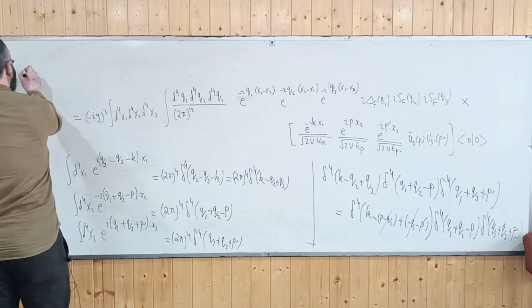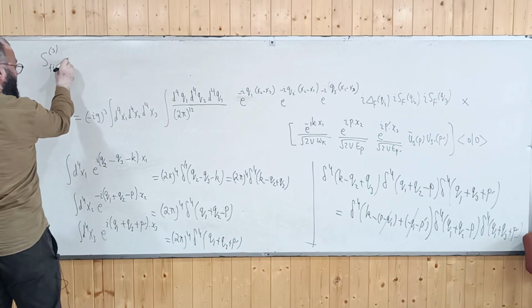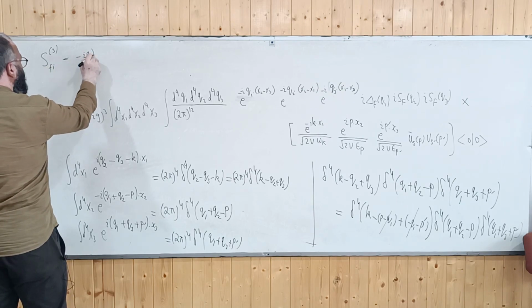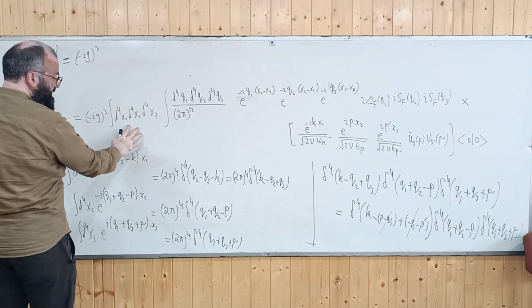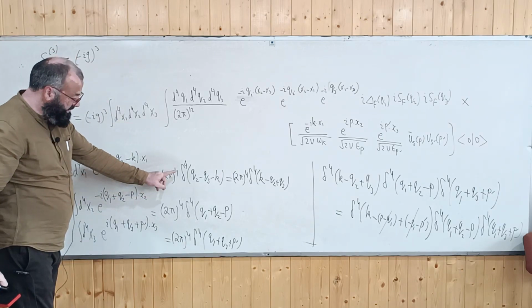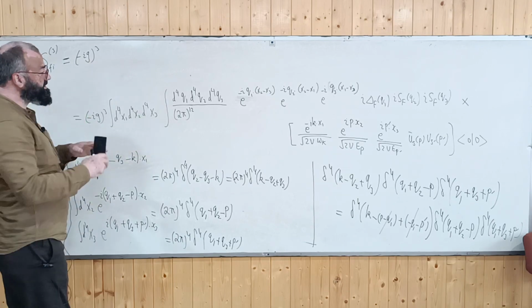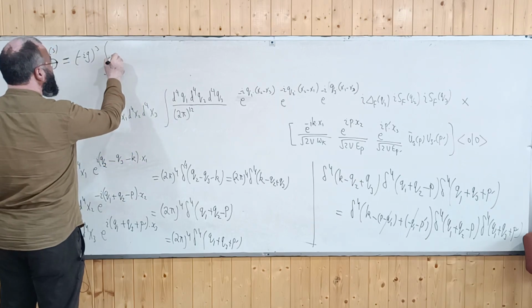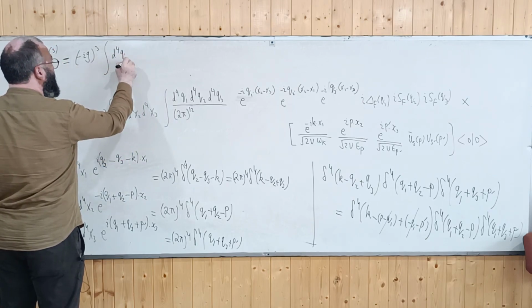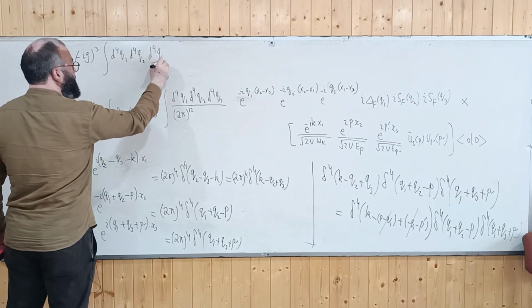So let's evaluate. Therefore this S3 fi I can write as minus i g q. So these are gone. Now you have 2 pi raised to the 4 everywhere, so it will cancel with this thing. So this is now gone. What remains there? The integrations over d4q1, d4q2, d4q3.